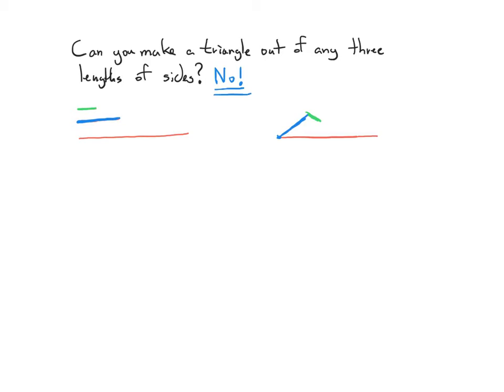So a natural question to follow is, well, what's the restriction? So when can we make a triangle? And I'll talk about it in a couple of different ways.